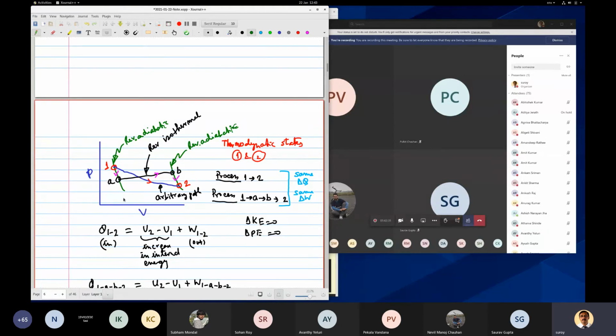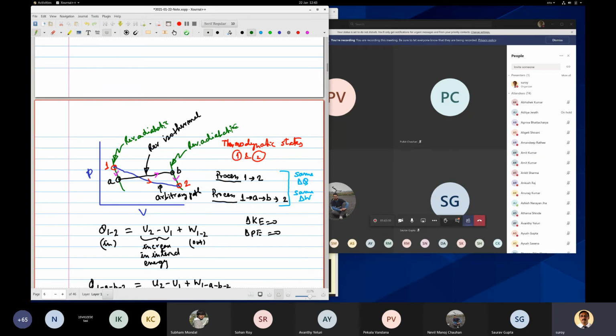But we can connect them with a reversible isothermal process. Let it be a PV diagram. We are connecting them by a reversible isothermal process. So these are two reversible adiabatic processes. They are not meeting anywhere, right? They are parallel, and we connect them by a reversible isothermal process, AB.